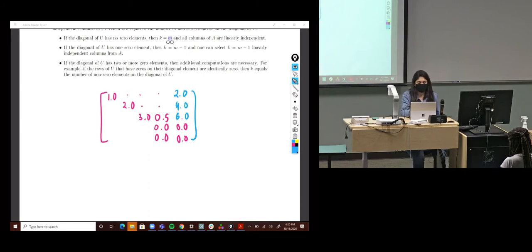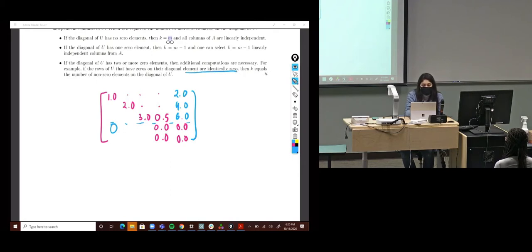So this will be the last rule. You see there are 2 zeros on your diagonal. And then this says you have to look at the rows, which can be confusing. What it's trying to say is that if the rows of U that have zeros on the diagonal are identically 0, so this is all 0 because it's upper triangular, I look at these last 2 rows, and if all the elements in these 2 rows are identically 0, meaning all of this is 0 and these 2 are also 0, then this condition is satisfied.